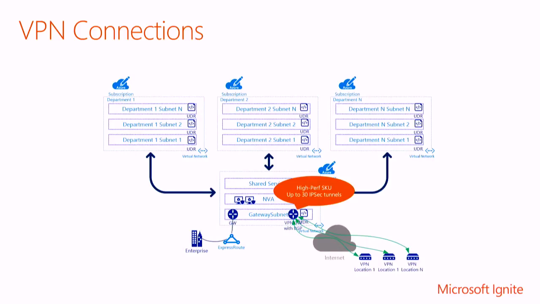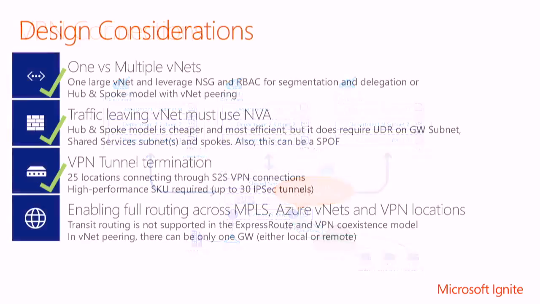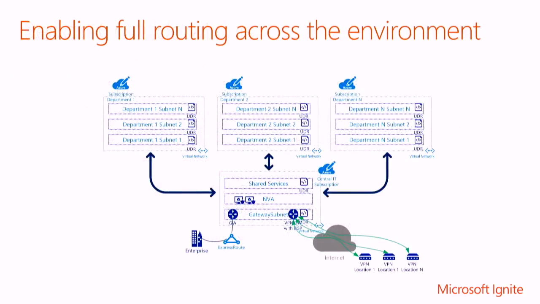And last but not least is actually enabling full routing across their MPLS network between all the locations. Whether they come through VPN or through ER, they should be able to talk to each other. So how do we do that part? Balaji talked about a scenario.